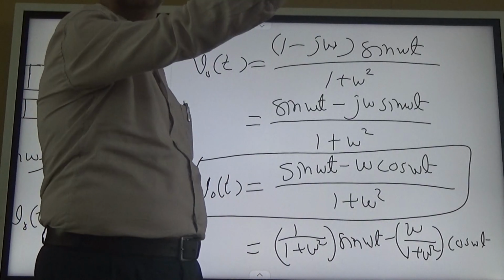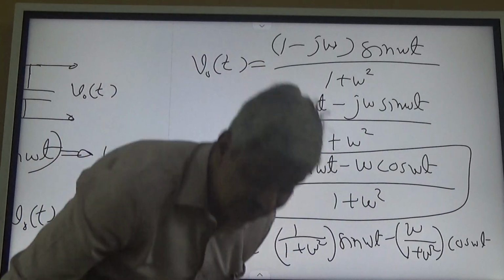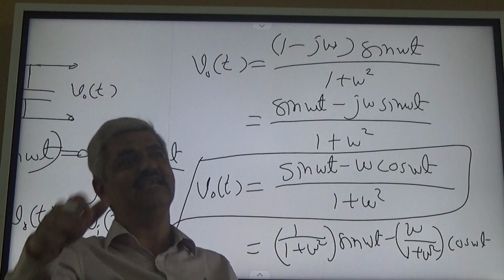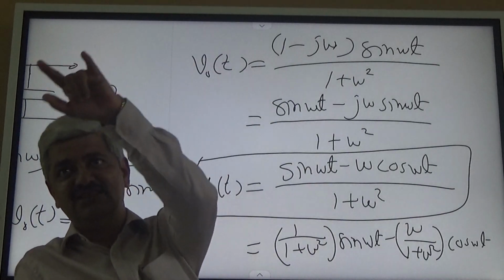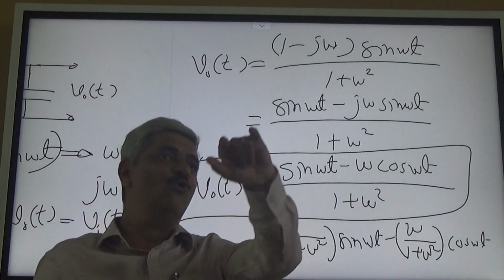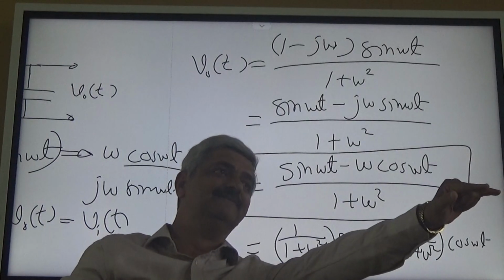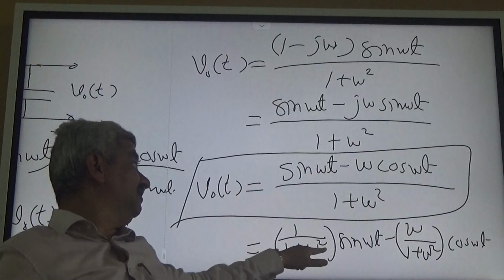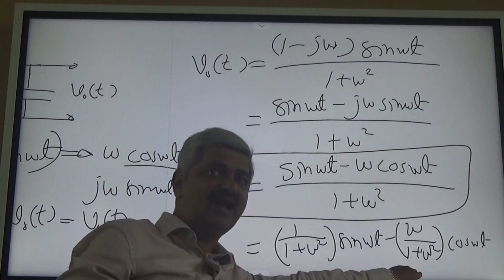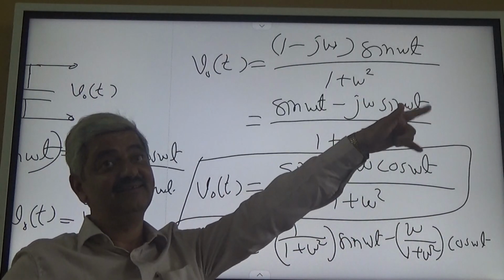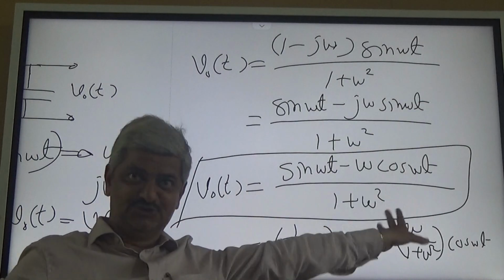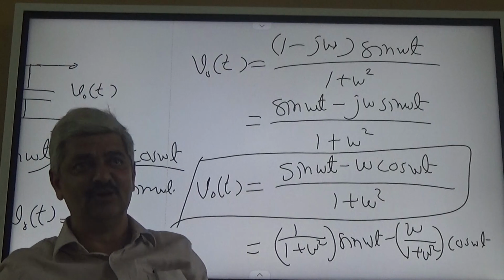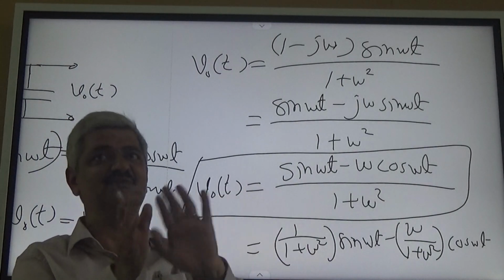Remember, something sine omega t plus something cos omega t is always some other thing sine of omega t plus phi. What is that some other thing? The square root of the sum of squares of these two. And what is phi? Tan inverse of the ratio. For amplitude it is very clear; for the ratio you should be very specific about which term over which term.